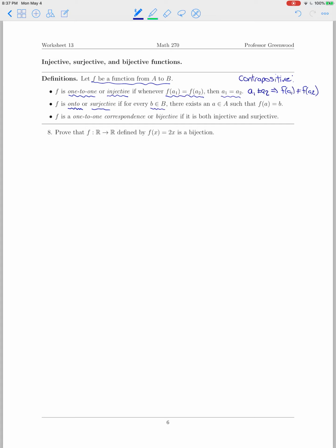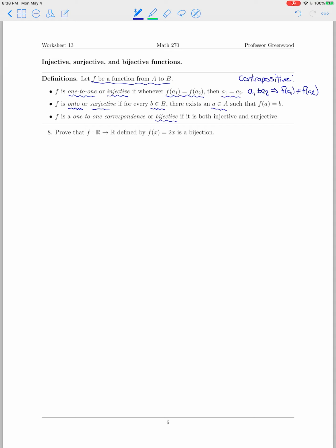More formally, we could say for everything in the codomain, there is another thing in the domain such that f of the thing in the domain is equal to the thing in the codomain. That's a lot of words, but it just means that we can find an input that hits our desired output. And then one-to-one correspondence or bijective is not too bad. Once we have these, it just means both things at the same time.